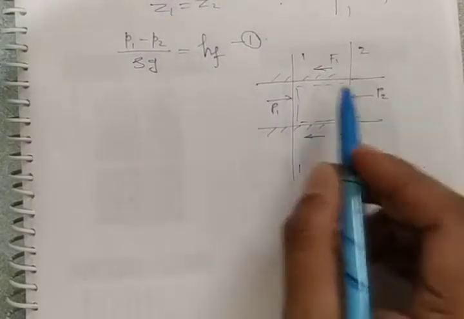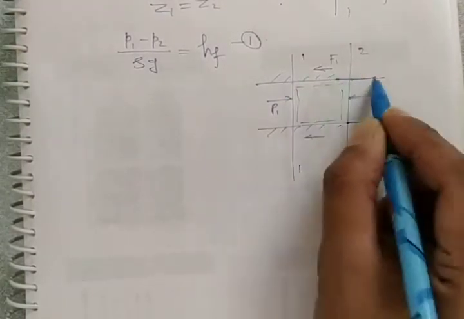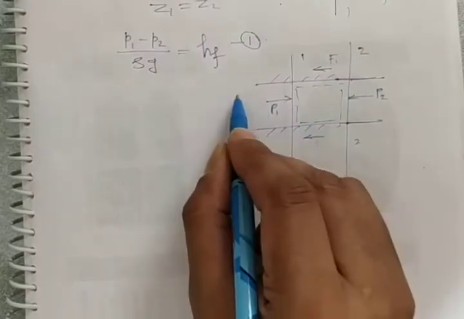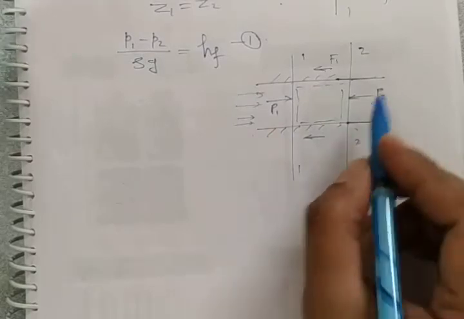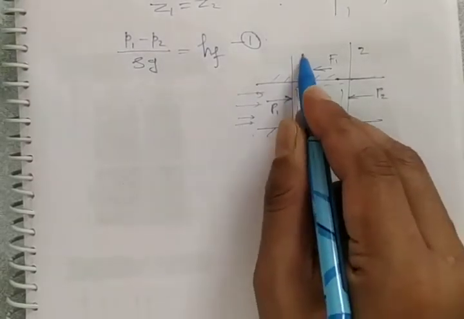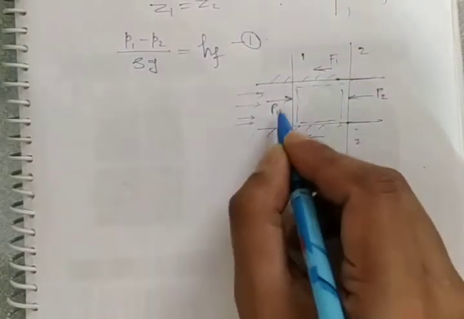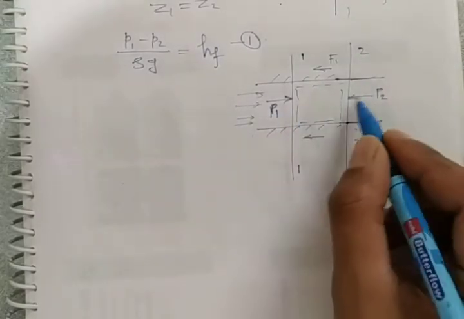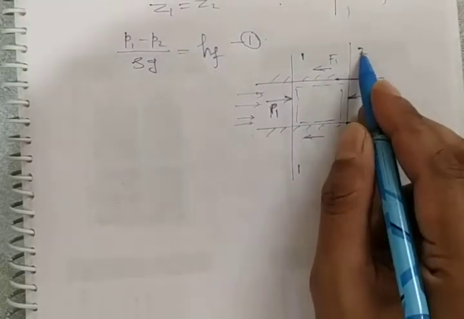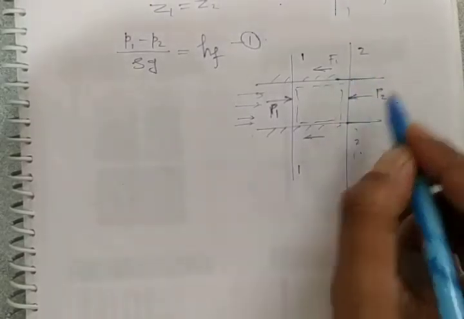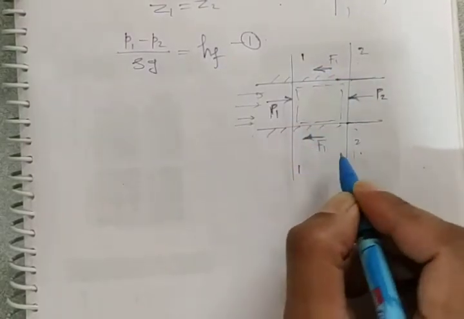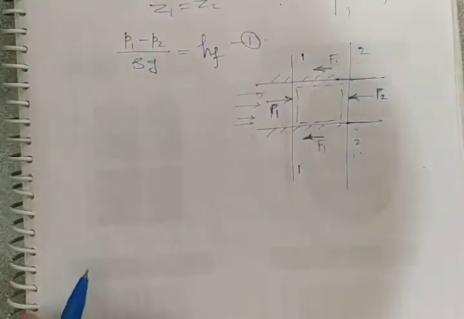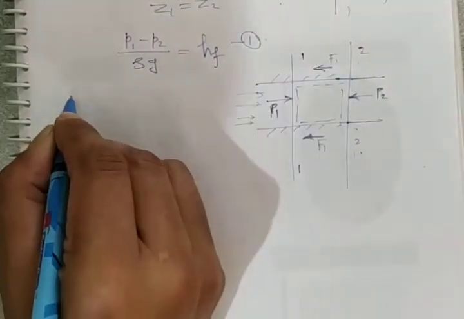Now in this figure it is shown that the fluid is flowing from left to right. Pressure exerted at section 1 is represented by P1, and pressure exerted in the opposite direction at section 2 is P2, and there will be another force, that is F1, which is the frictional force. So what is the frictional force?